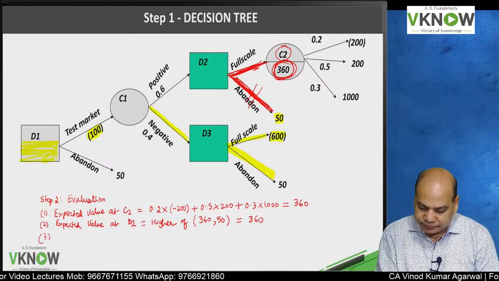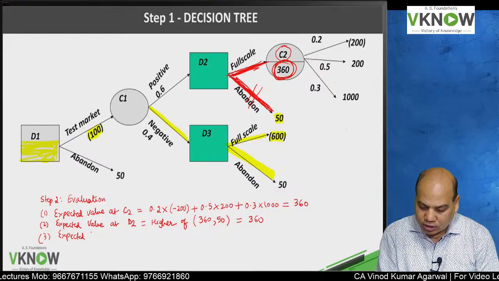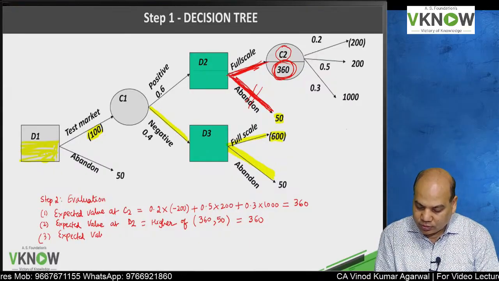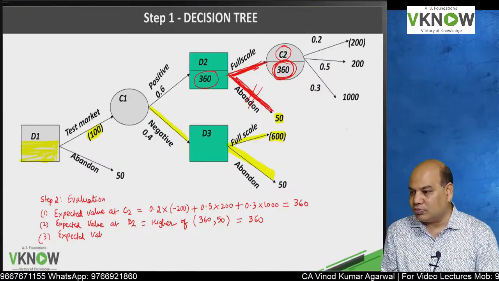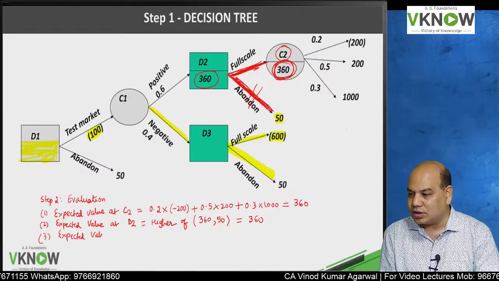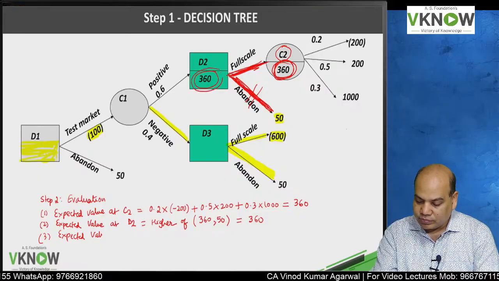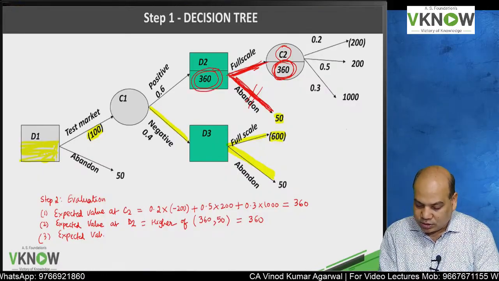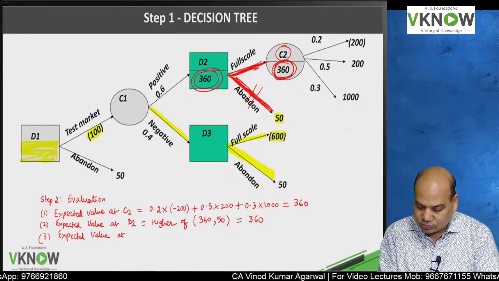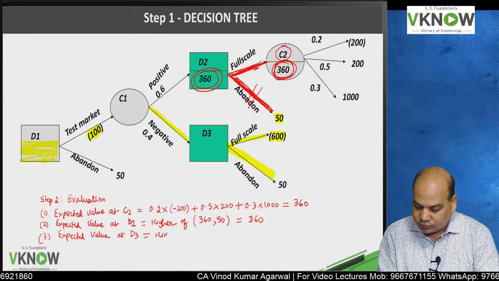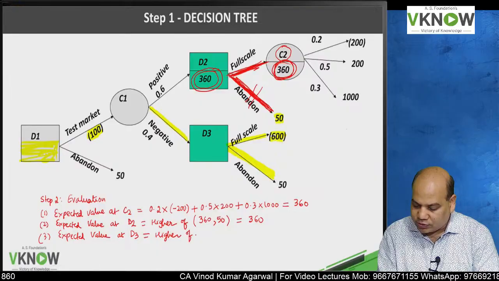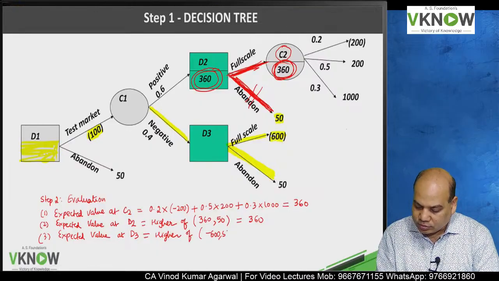Now write down expected value at D3. You can put the number here also for easy calculation. Expected value at D3 is the higher of minus 600 or 50, since it's a decision box.